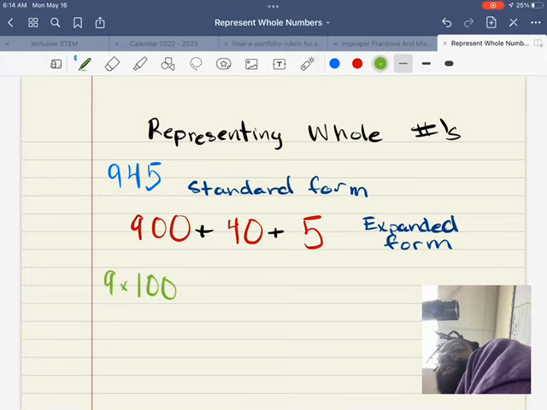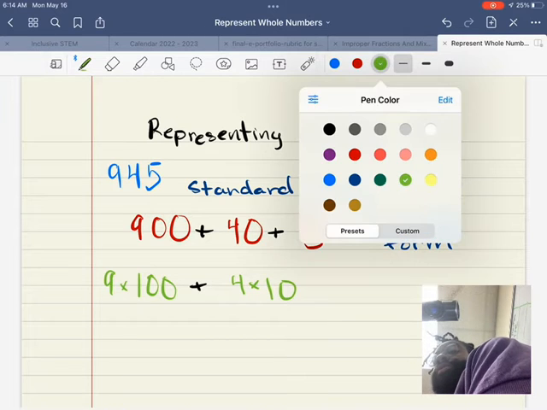We're going to write expanded notation now. So in green, I'm going to write expanded notation. With expanded notation, you take the digit that's in that place value, and then you multiply it by that particular place value. So we're in the hundreds, so we have to multiply by 100.